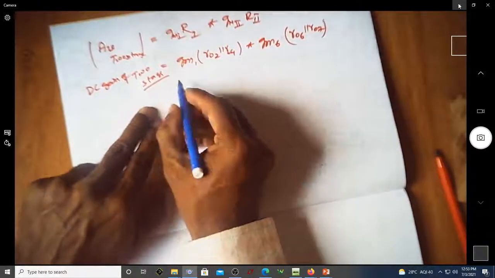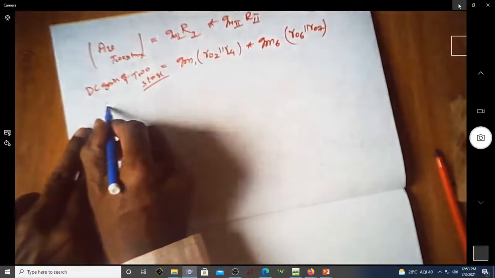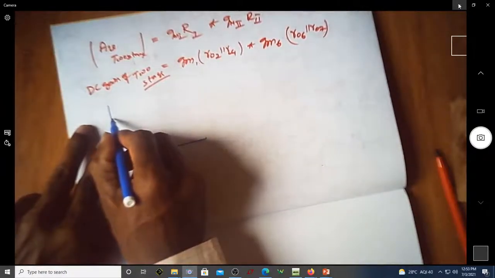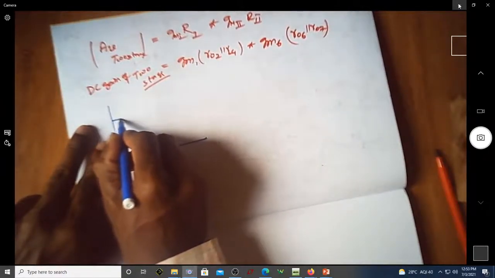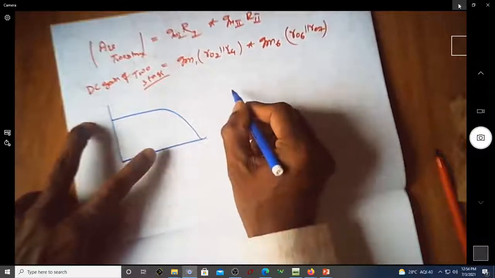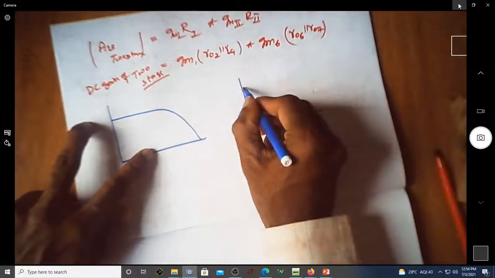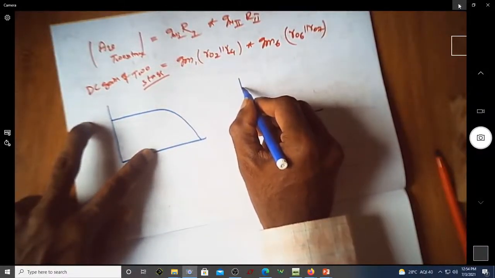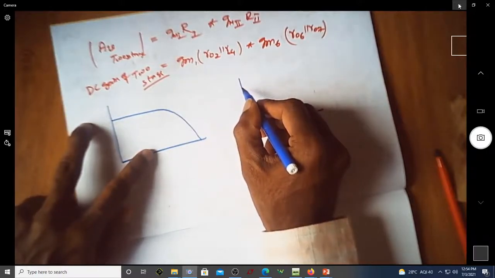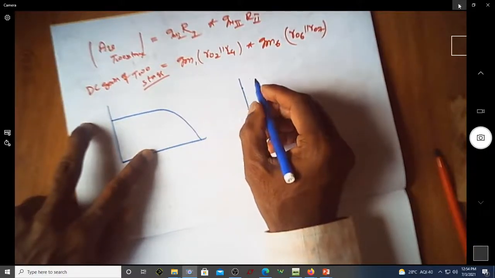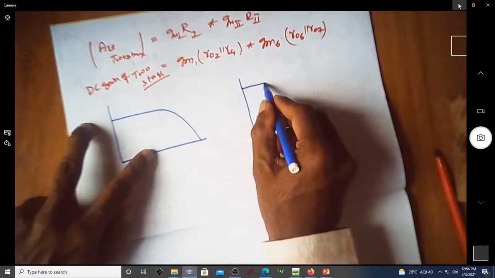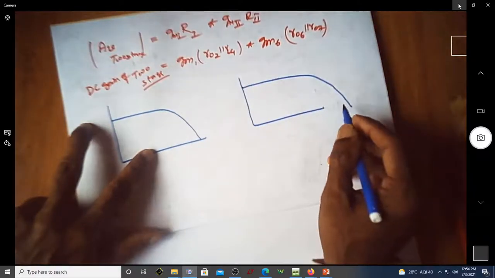So let me write it for both of them. This is the frequency response of the differential amplifier, and this is the other frequency response. Of course, their frequencies will be different.